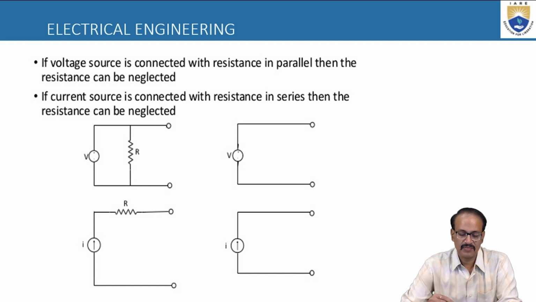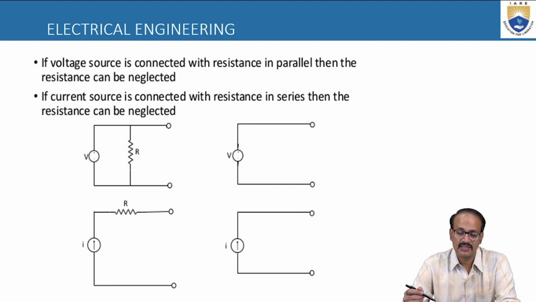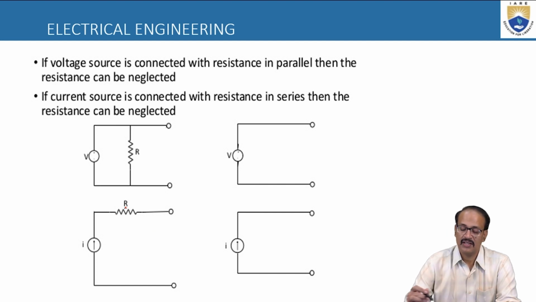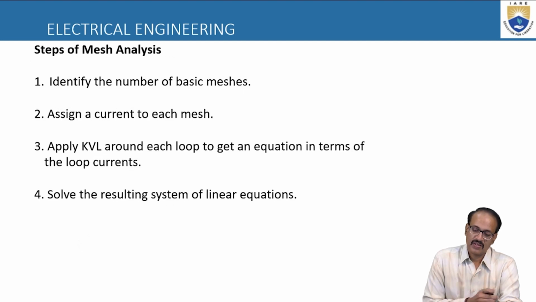And similarly, if there is a circuit where the voltage source and the resistance are in parallel, if I remove this resistance, there will not be any change. So I can simply remove this resistance and transform. Similarly, if there is a current source and only a resistance, even though I can remove one, I can transform.